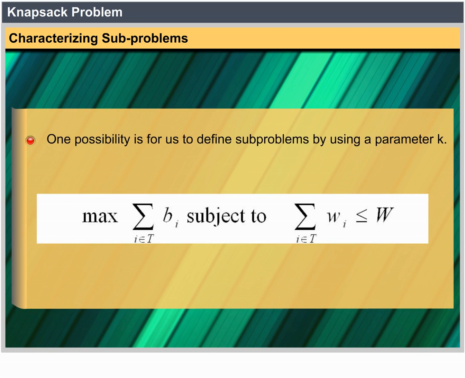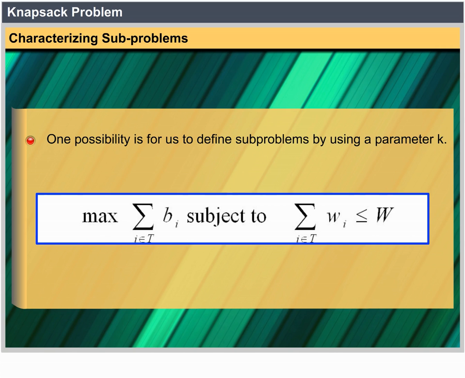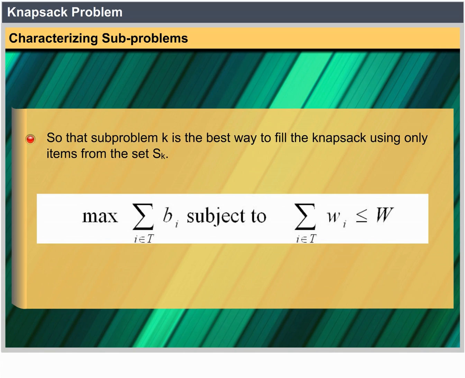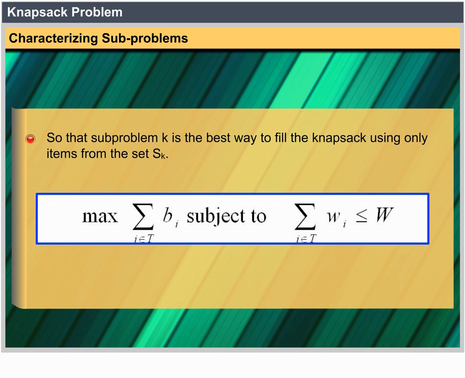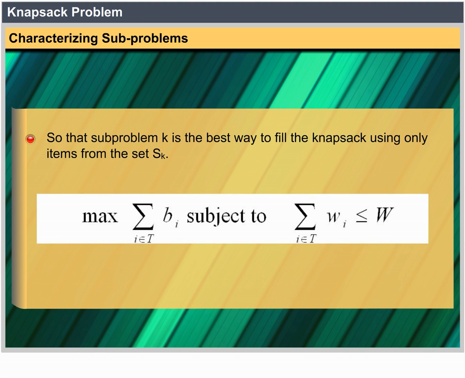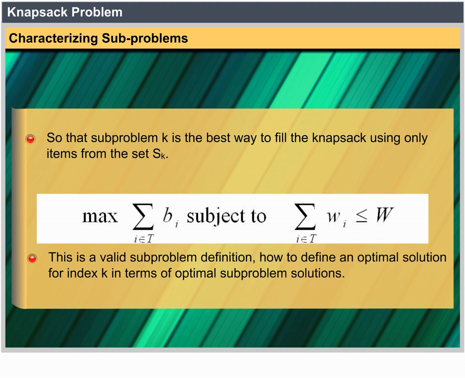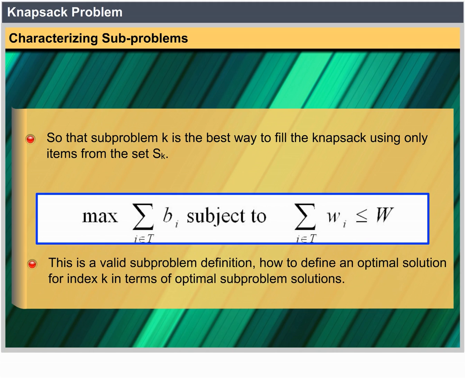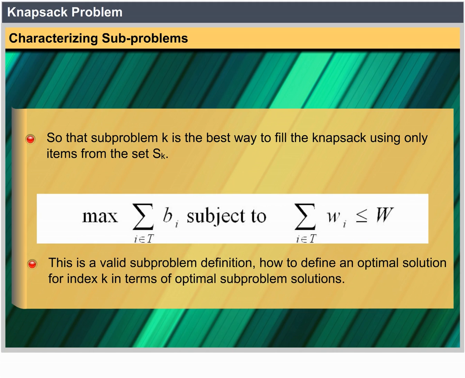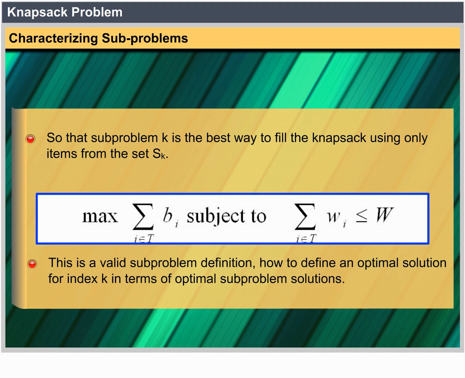One possibility is to define subproblems by using a parameter k, so that subproblem k is the best way to fill the knapsack using only items from the set Sk. This is a valid subproblem definition. How do we define an optimal solution for index k in terms of optimal subproblem solutions?